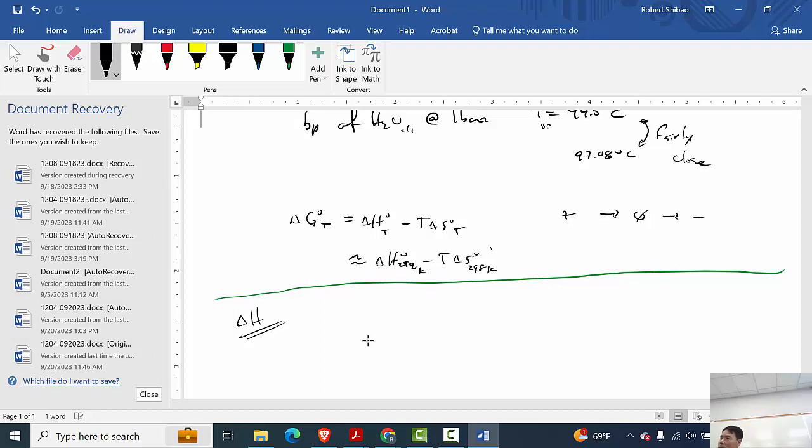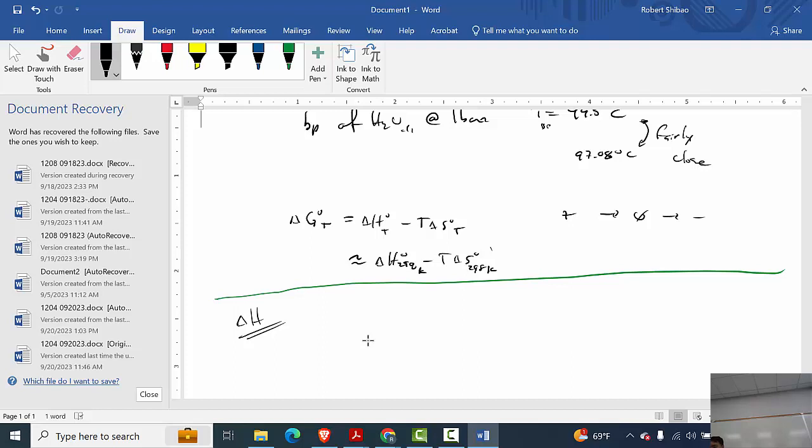Let me ask you. Bomb calorimetry? Is bomb calorimetry the easiest way to determine delta H? Does bomb calorimetry even determine delta H, or does it determine delta U? Delta U, right? If you wanted delta H, you probably shouldn't use bomb calorimetry. You should use coffee cup calorimetry, right? But I probably wouldn't do it.